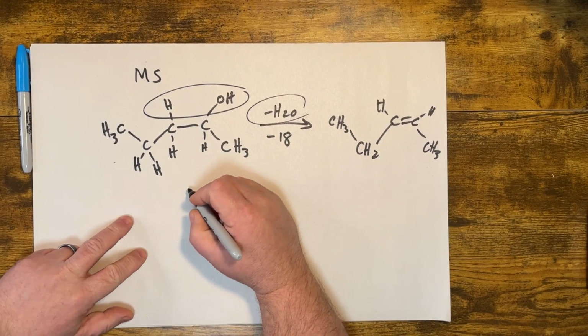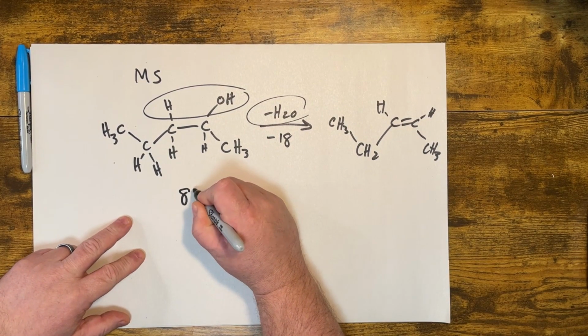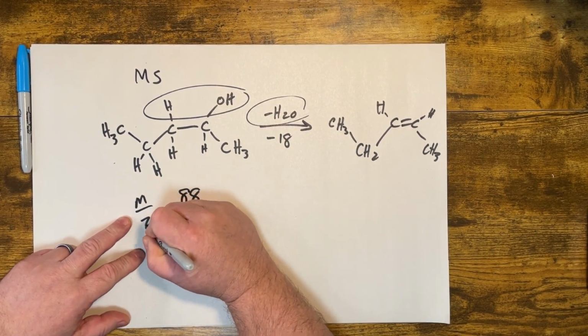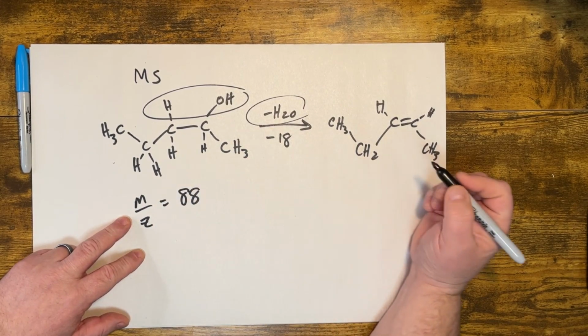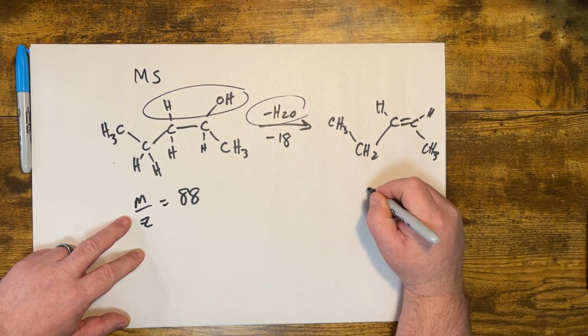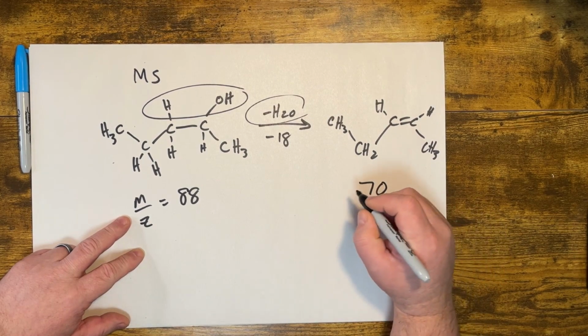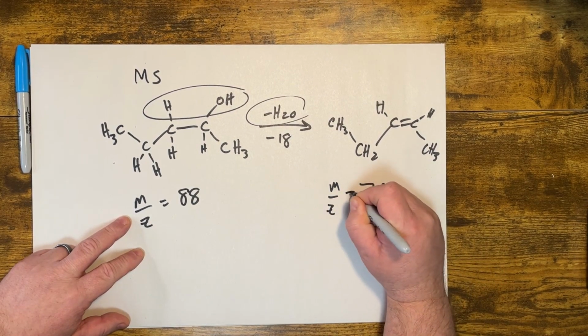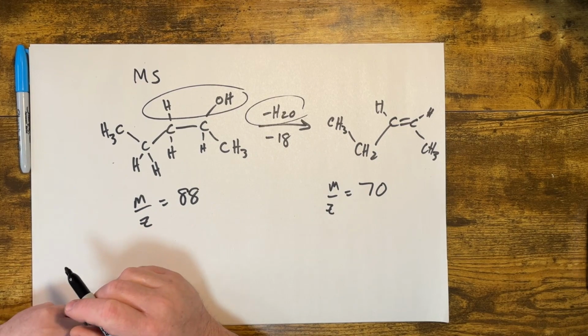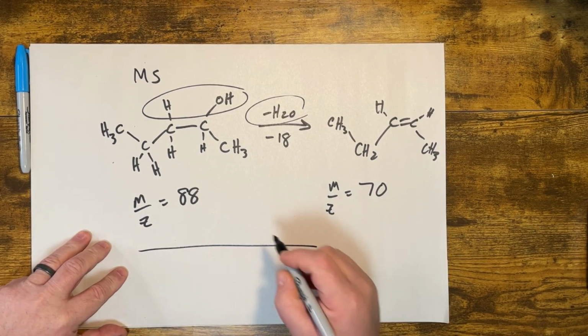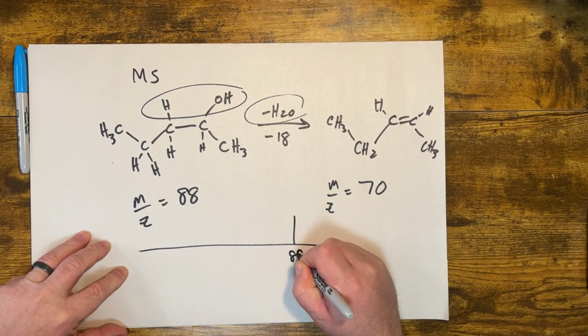So you might have something where the M plus peak weighs 88. And this one would weigh 70.